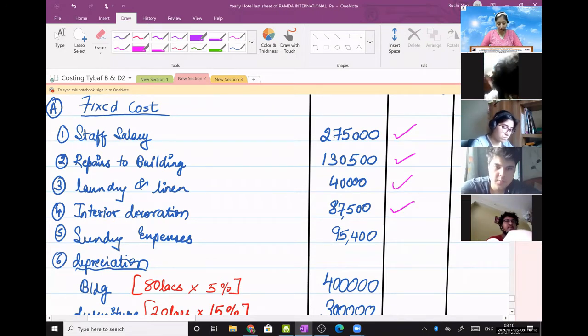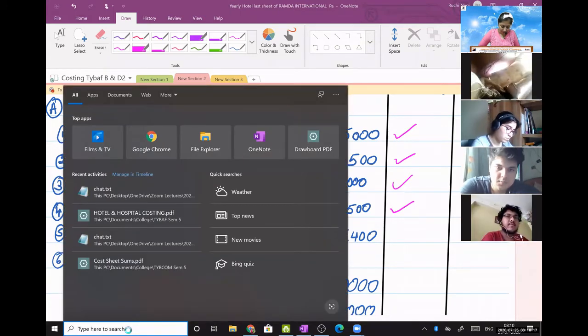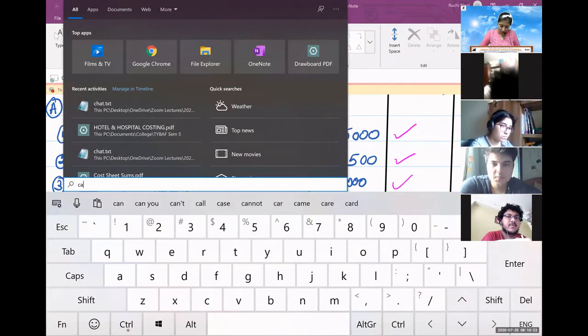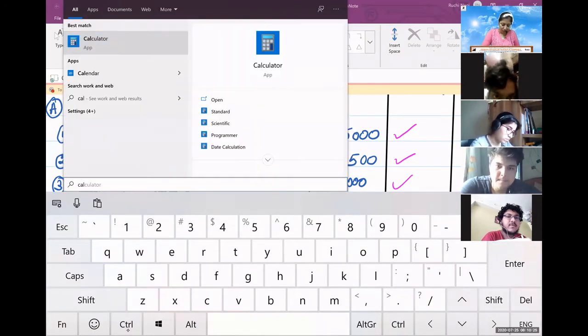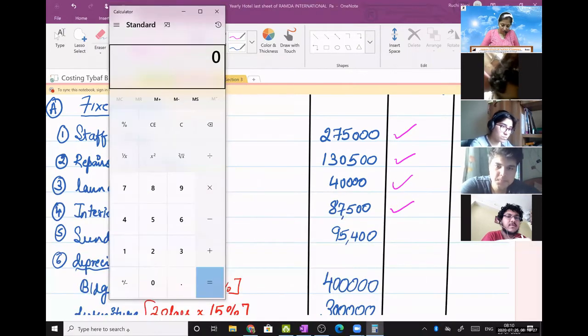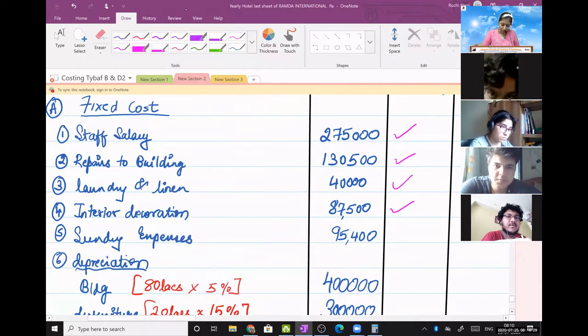Interior decoration, 87,500. Next, sundry expenses, 95,400.